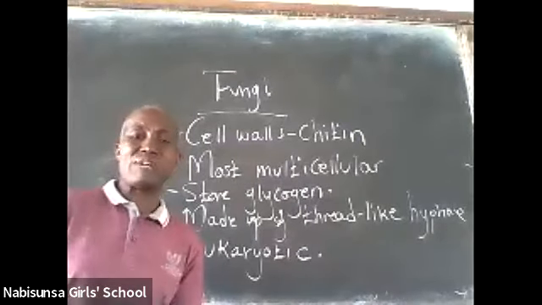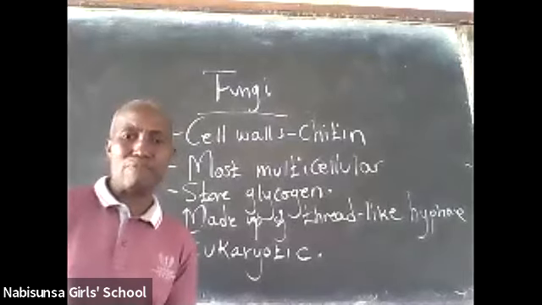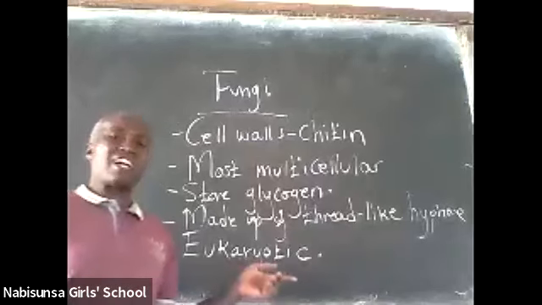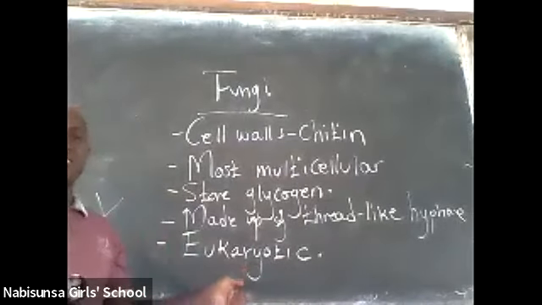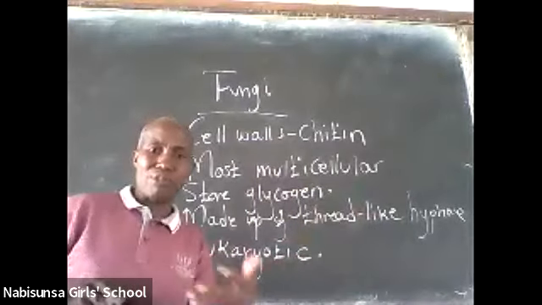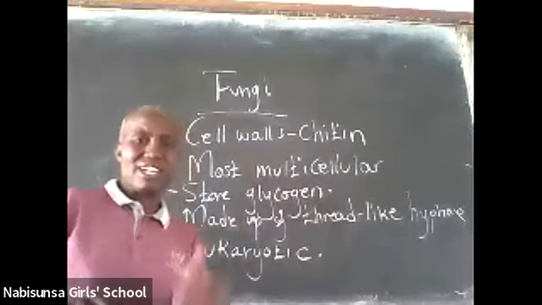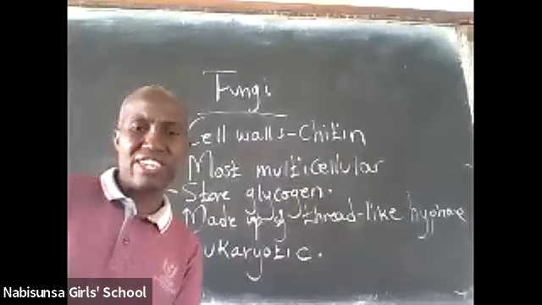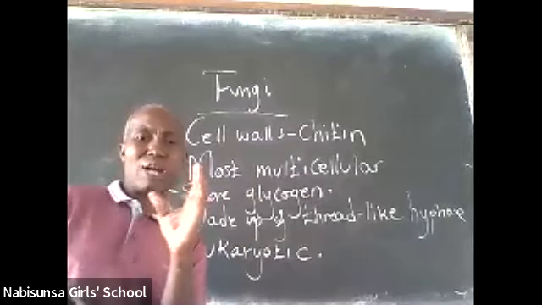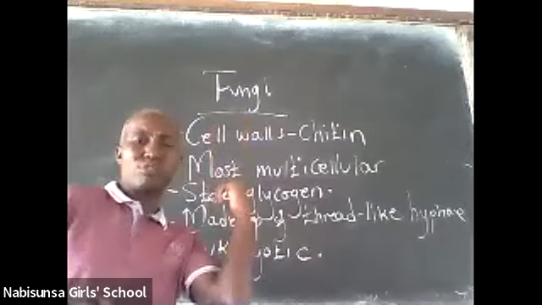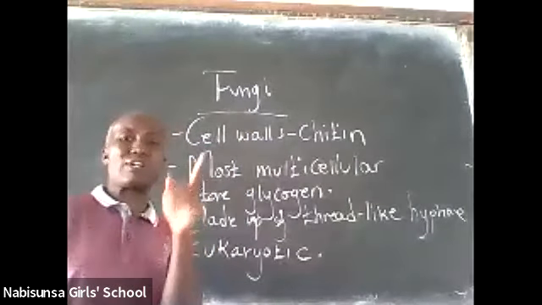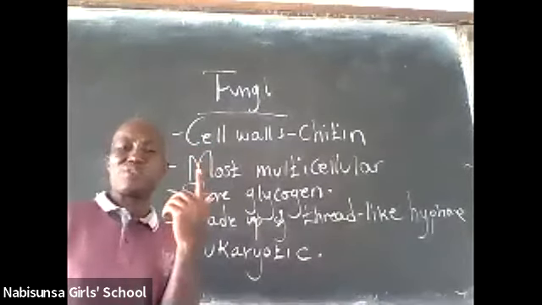Someone says they are saprophytic. Namagembe, true, some fungi are saprophytic, but not all fungi. So the characteristic is they are heterotrophic, which can now be broken down. Someone says, can you explain the point of hyphae some more? I think I'll talk about the hyphae as I draw the structure of a fungus, just one of them.